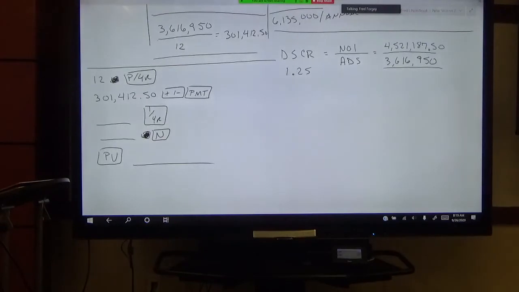Now, I'm purposely leaving those blank here for just a second. What I'm trying to say is the only constraint at this point that the lender is putting on you is the maximum mortgage payment. Once again, they haven't told you what loan amount, what term, or an interest rate.